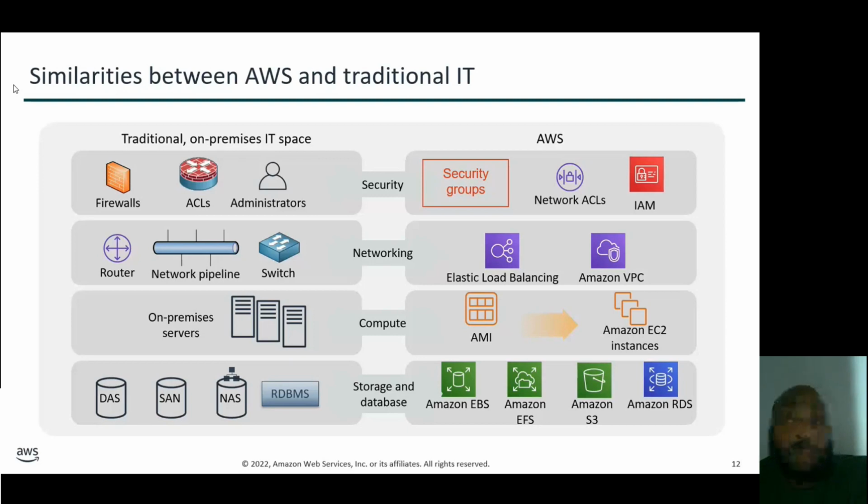We have something known as a virtual private cloud, a private cloud where you could build your own virtual network. We saw how we had different networks before, like local area networks and wide area networks, all of those things.